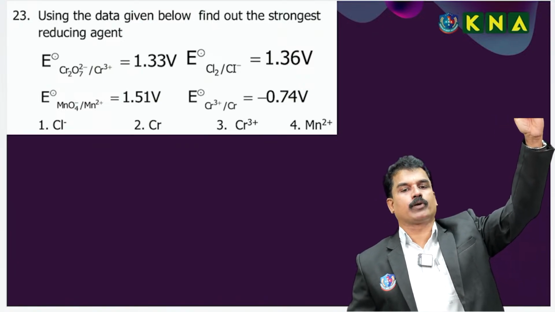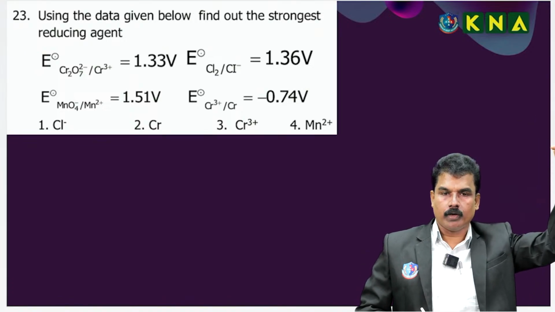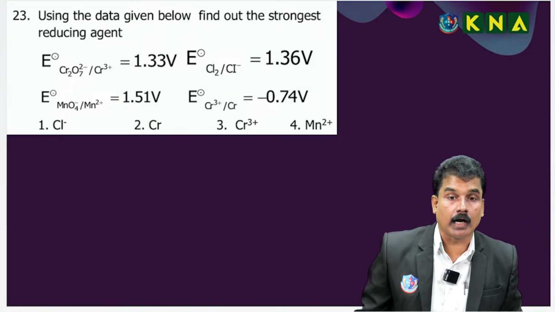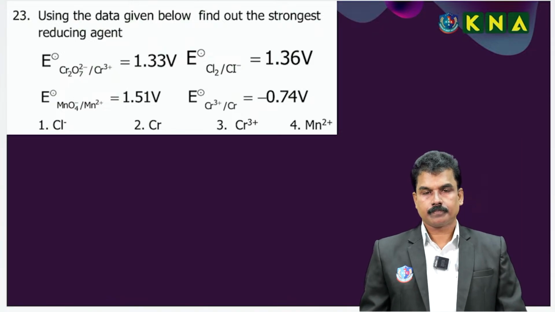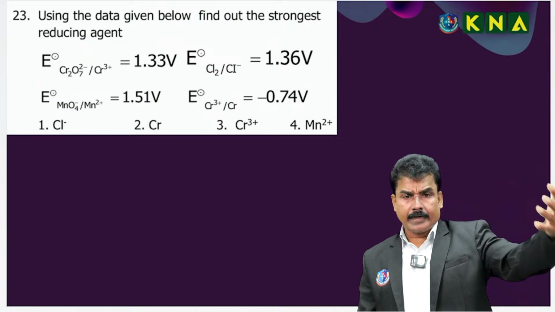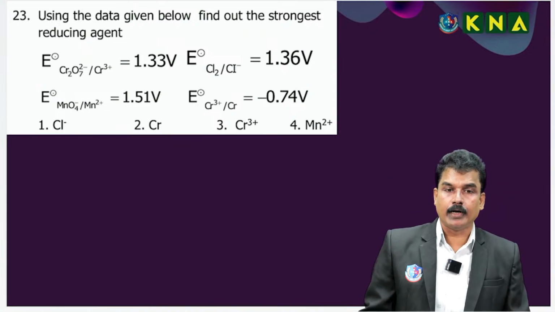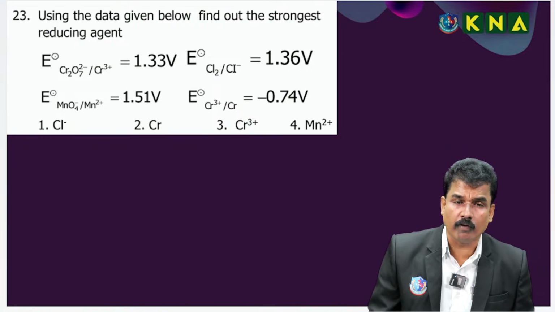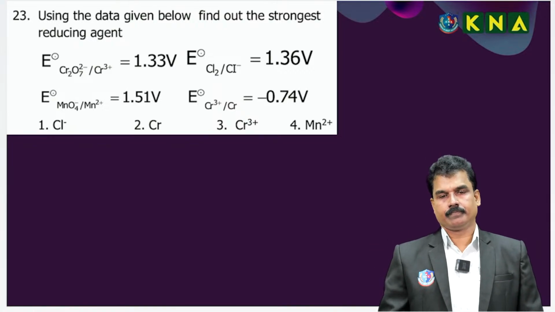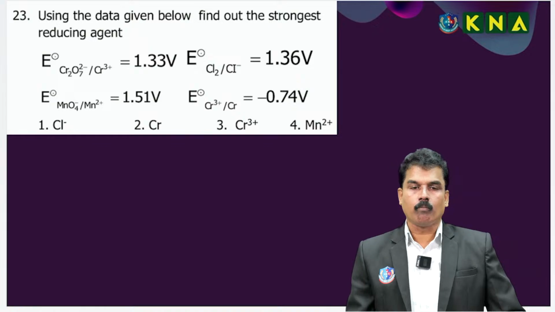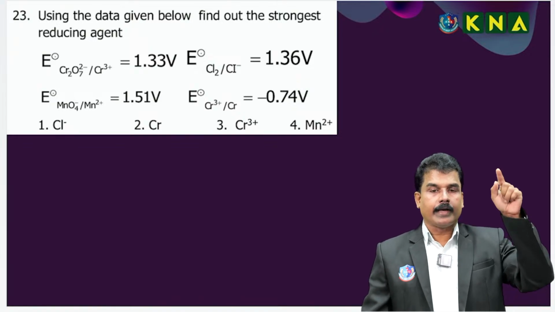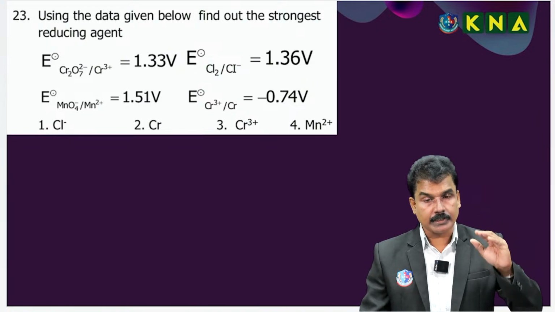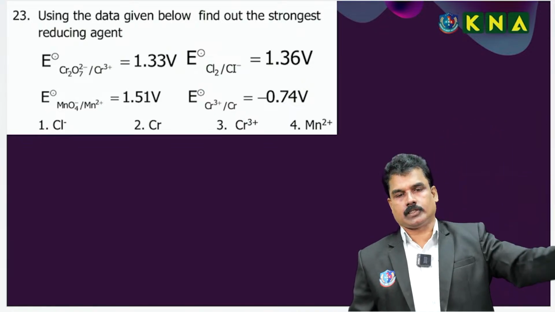Suppose I start from potassium, a highly reactive metal at the top, and move down, reactivity decreases, so reducing power also decreases. Metals readily donate electrons, so they have reducing power. More reactive metal, more reducing power, but the E0 value is more negative. More negative, more reducing.